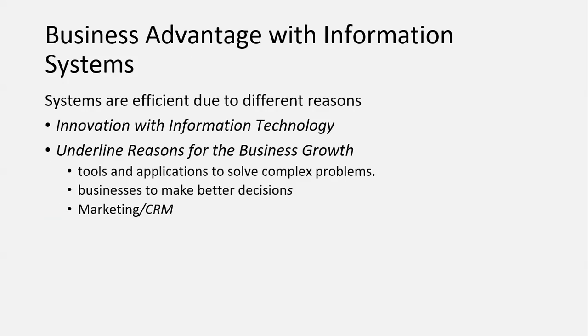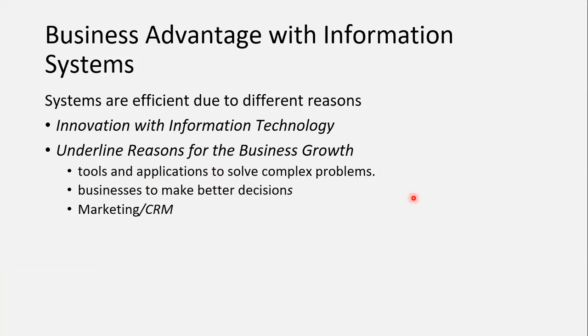We spoke last week about innovation with information technology and how it affects innovation. Information technology is supportive for innovation and for different reasons for business growth. There are different tools and applications available to solve complex problems.